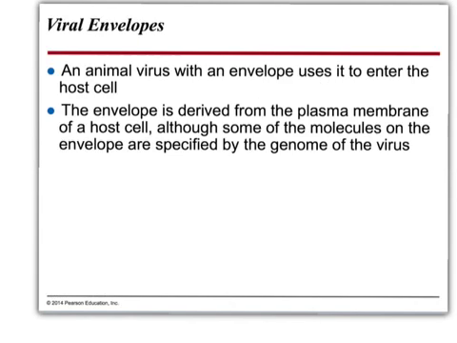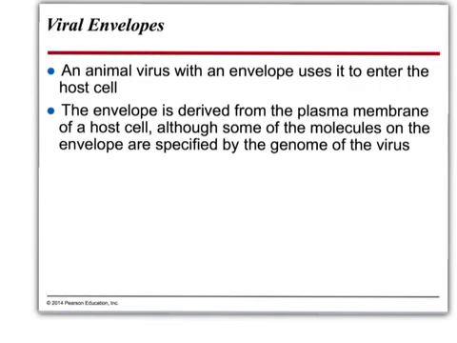So we're going to talk about viral envelopes, all right? An animal virus with an envelope uses it to enter the cell. Okay, if it does not have an envelope, there's a specific interaction between one of the capsid proteins on the virus and a receptor on the cell membrane.